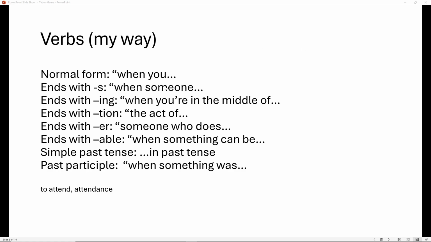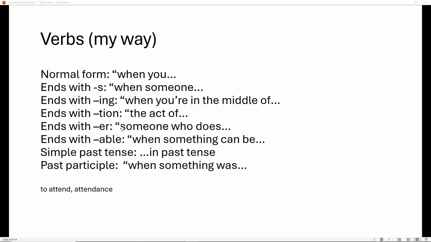Third person singular. Ends with ing, so when you're in the middle of dancing. Now, the shin, as you can see, doesn't work with dance. Only works with some. So hydrate, to hydrate, hydration. Contract, contraction, right? See where I'm going with this?